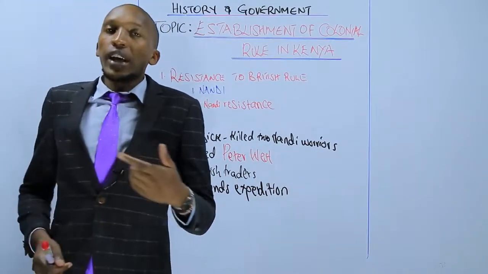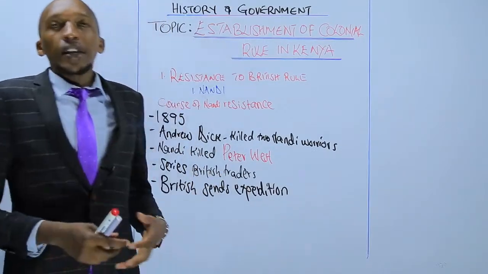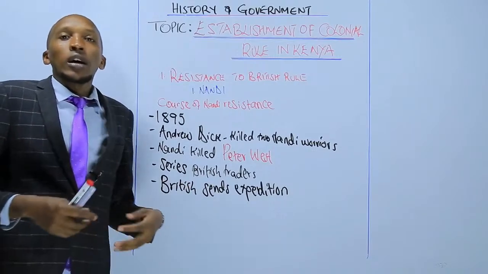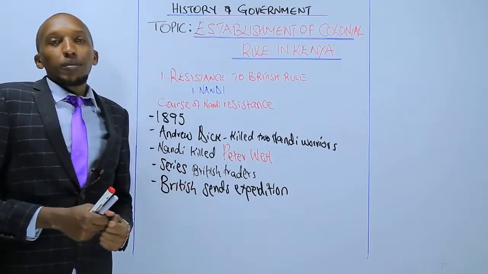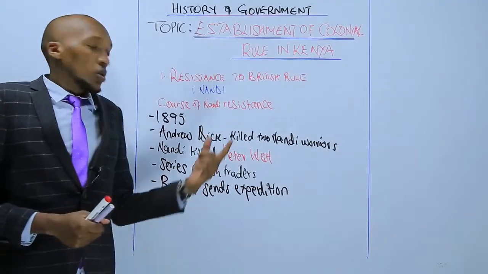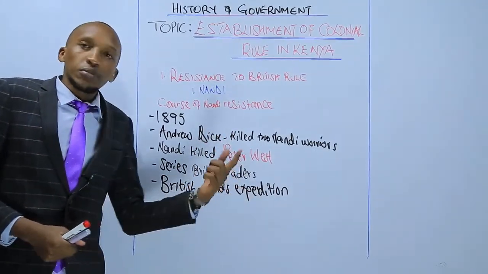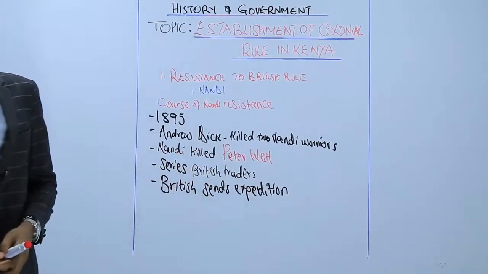Remember, I said they had a very strong army based on the initiation. Each and every time the young men were initiated, they were called into the army, and they became very disciplined. So every time the British sent an expedition after an attack, it was always defeated.